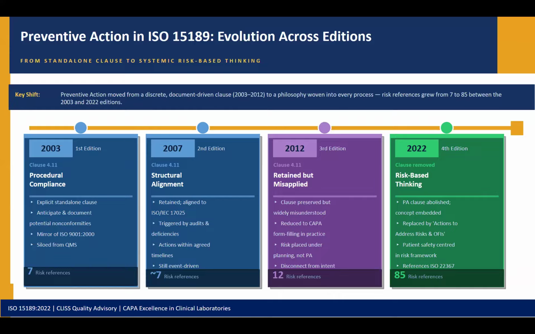It does not mean there is no more preventive action, but it is now integrated across the entire standard. Here we see the new standard referring to risk 85 times as compared to the previous versions of the standard. So it's more emphasized, but it's now integrated. It's no longer a standalone clause.